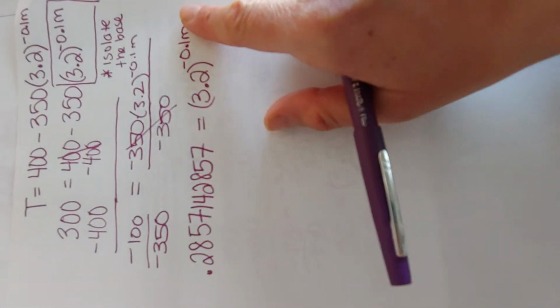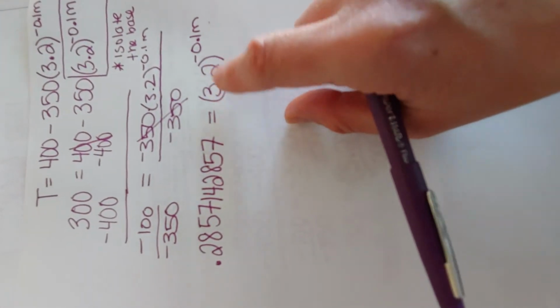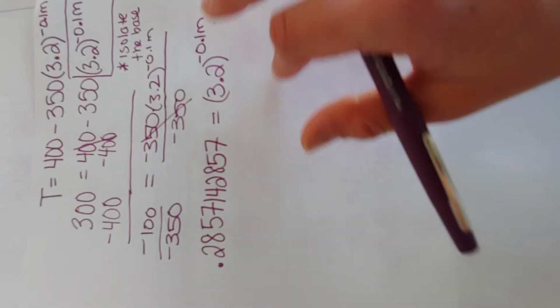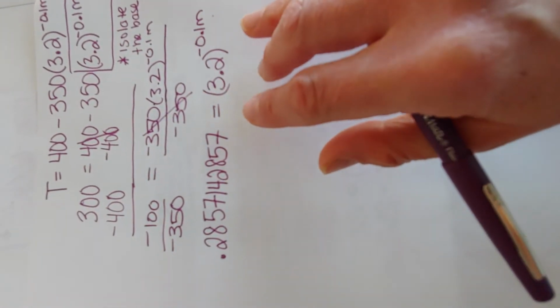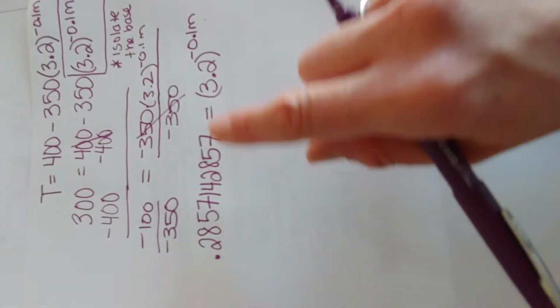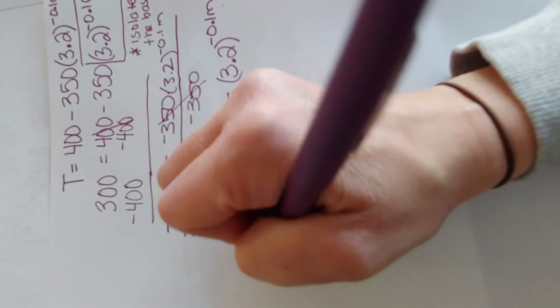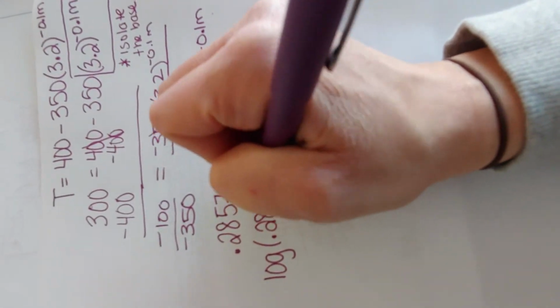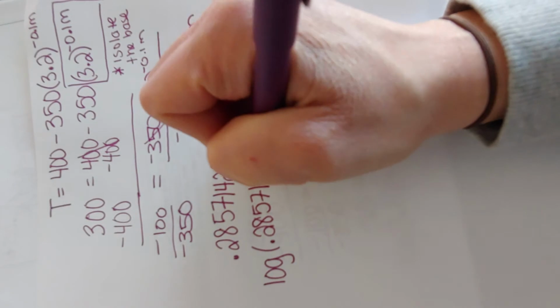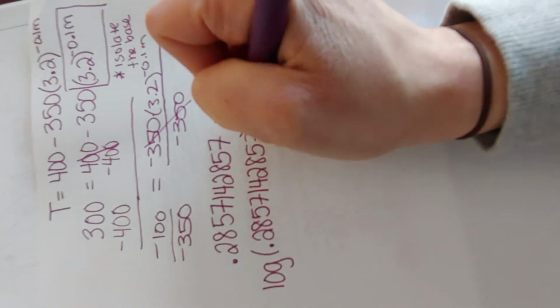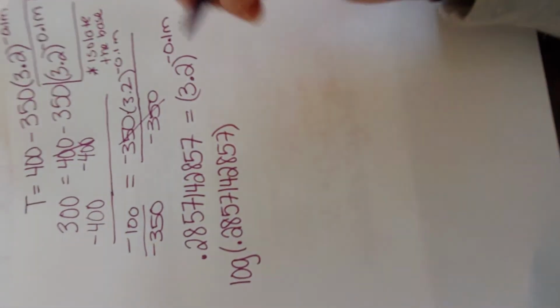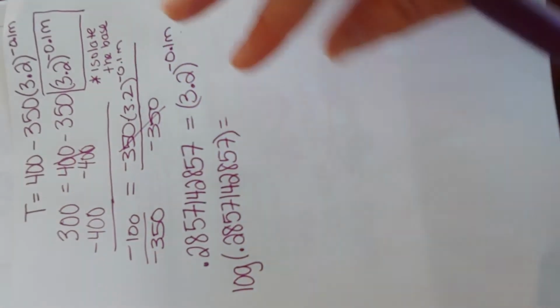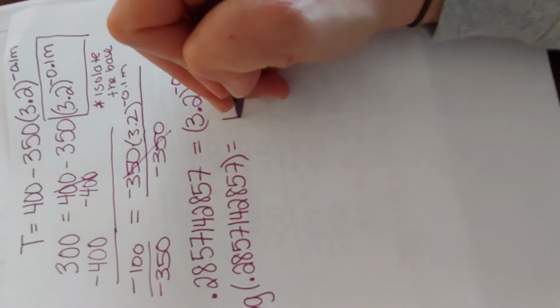All right, so now I have my base completely isolated. The variable is on the 3.2 and there's nothing else around it. It's all by itself. So now I can use the logarithm to open up the exponent. So I'm going to write the word log. Now, since there is no e in this, it's pointless to use ln. I mean, I can if I want, but I might as well just stick with a log base 10.